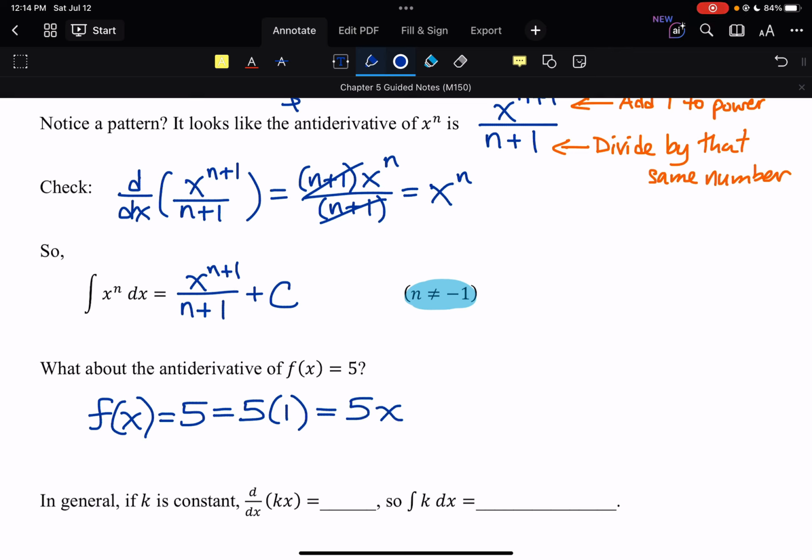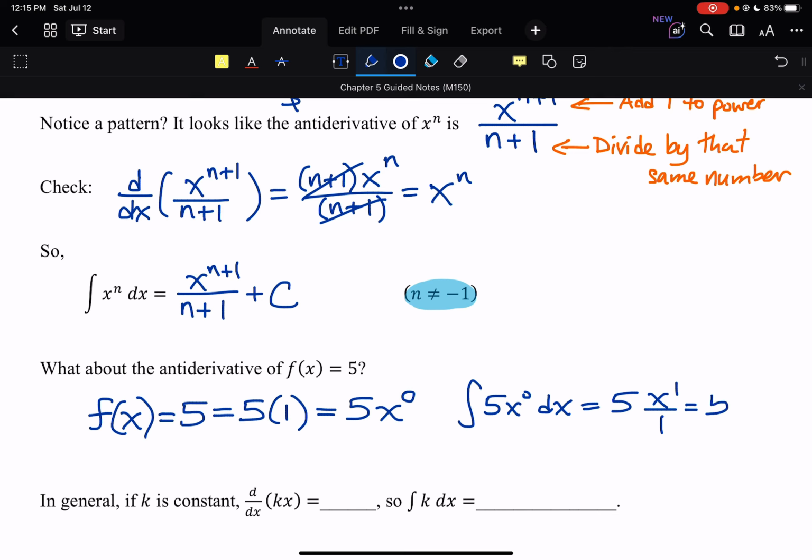If I wanted to introduce an x to the 0, x to the 0 is 1, so this is just like 5 times 1, that's just like 5. So this is the same function. If I take the integral of 5x to the 0 dx, the 5 is there, I'm going to add 1 to the power and divide by that same number.